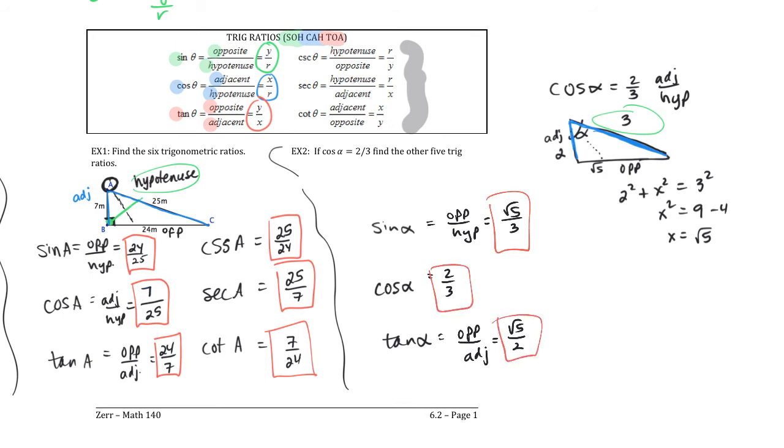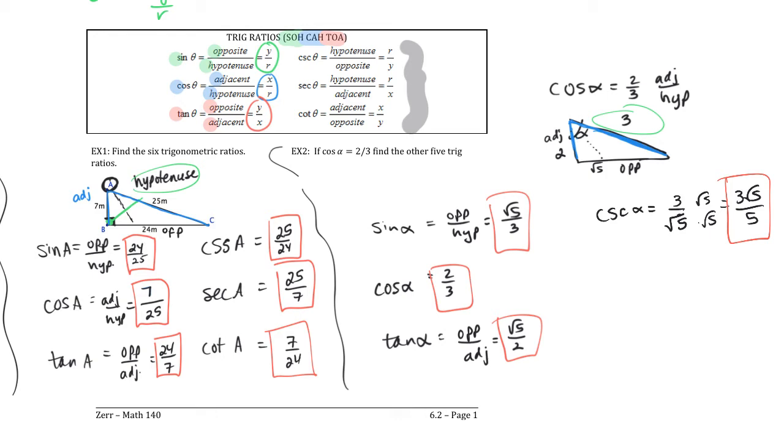Good, and now we just need to do our reciprocals. So I'm going to give myself a little bit of room. Okay, I have cosecant. That's the reciprocal of sine, so it would be 3 over square root of 5. And then we do just need to rationalize that denominator, so that would be 3 root 5 over 5.